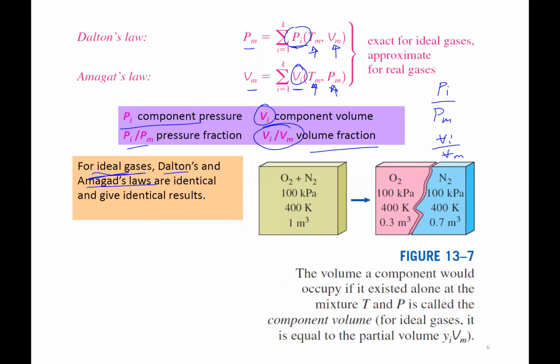So here's the example of oxygen and nitrogen. This mixture has that pressure, temperature, and volume. If we used Amagat's law, 100 kPa, temperature is the same, so we're using the mixture, and then you calculate, you get for the oxygen 0.3 meters cubed, nitrogen takes 0.7 meters cubed. You sum them together, you get the mixture's volume. Right? That's Amagat's law.